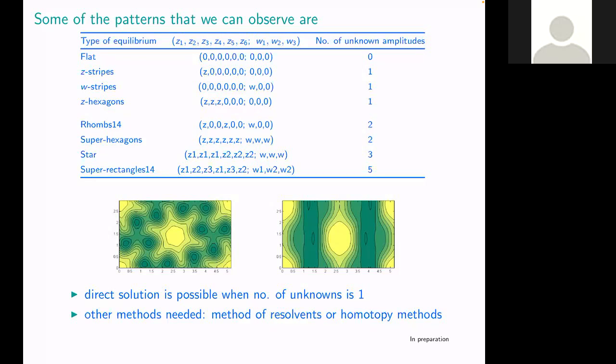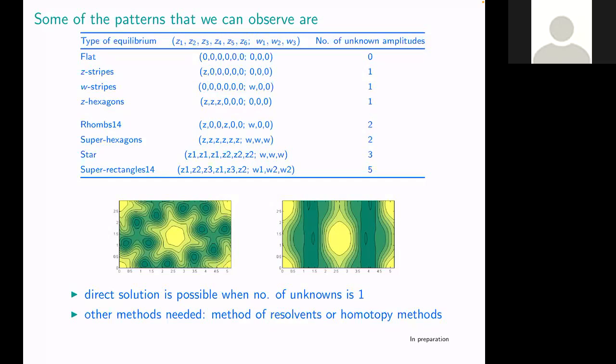But if we go to more complex patterns, which are of interest in this case, we have rhombs 1, 4, which are not shown here, but at least look at the last two, which are the star and the super rectangle. Examples of those states are given in the panels below. The left-hand side is what we'd call a star, and the right-hand side is a super rectangle.